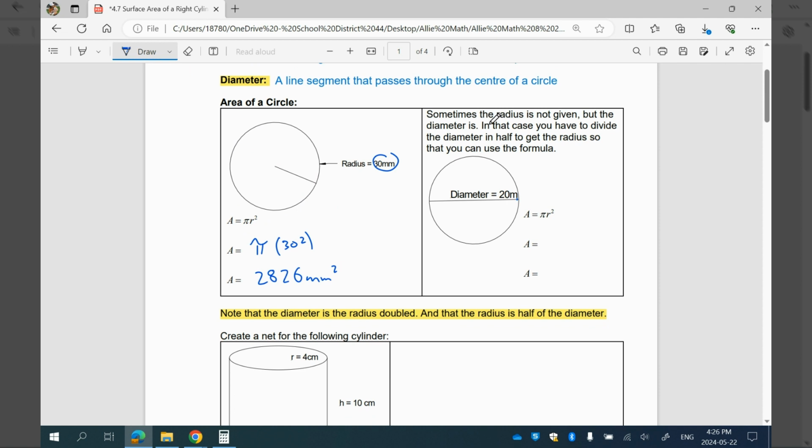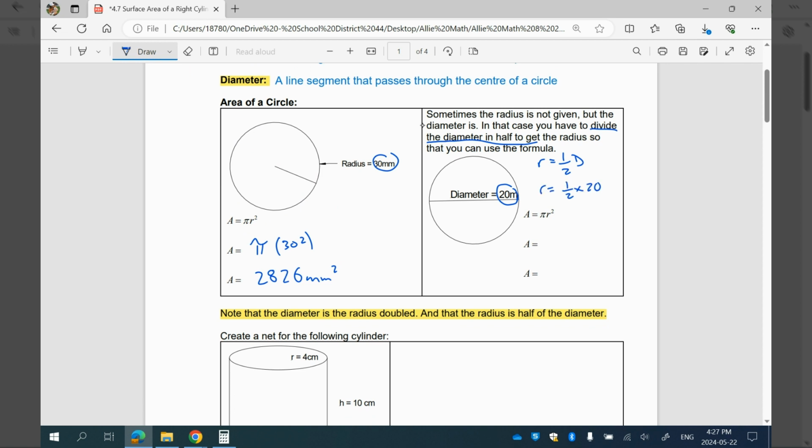Sometimes the radius is not given, but the diameter is. So we'll need to know the relationship between these two pieces of information. In that case, you have to divide the diameter in half to get the radius, so you can use the formula. So we know that radius equals a half the diameter. The diameter is 20, so radius equals 1/2 times 20.